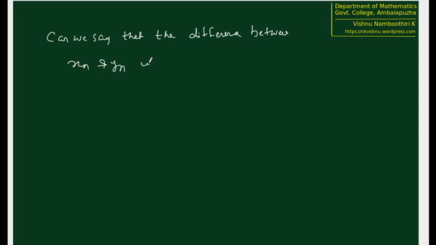So the next question is, can we say that the difference between xn and yn is exactly 1? This is the next question we are asking. So what we want to say is, is xn going to be equal to yn plus 1?